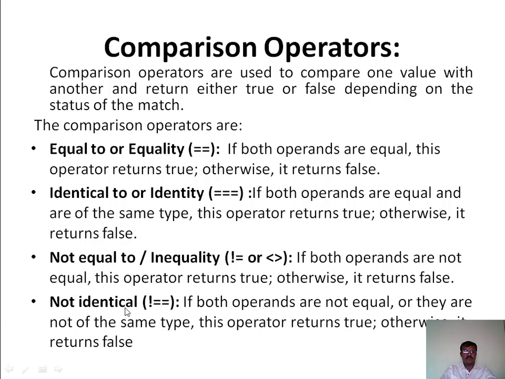Not identical operator is represented by an exclamation mark followed by two equal signs. If both operands are not equal or they are not of the same type, this operator returns true, otherwise it returns false.